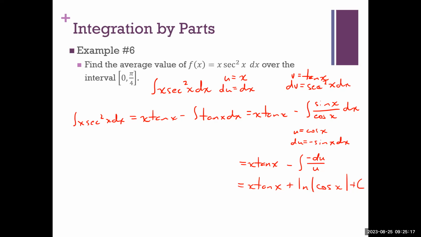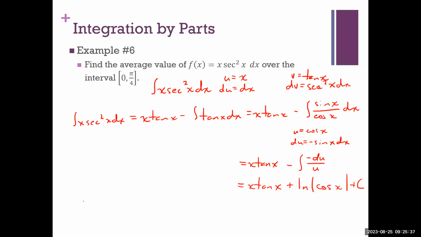You okay with that? And then what's the integral of du over u? One more time. Natural log of the absolute value of whatever that denominator is. Okay, so we got our antiderivative. Now what do we do with it?